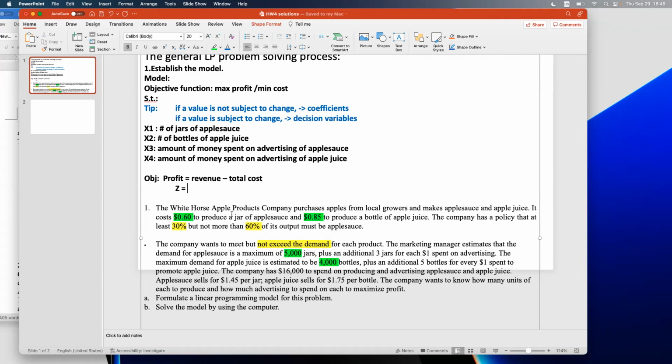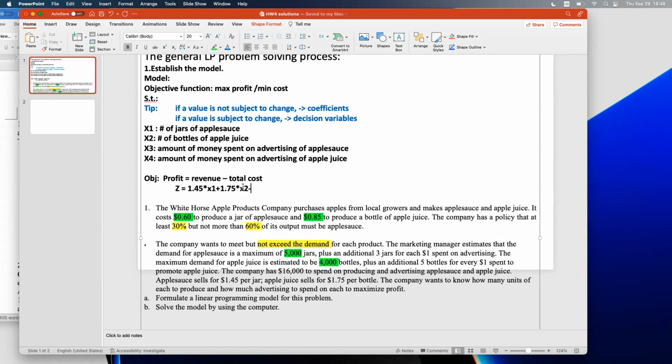What's the revenue? The only source of revenue comes from selling products. If you sell the applesauce, you get $1.50 per jar. That's your revenue. Plus, if you sell the apple juice, you get 1.75 times the quantity. So that's the total revenue for this problem.